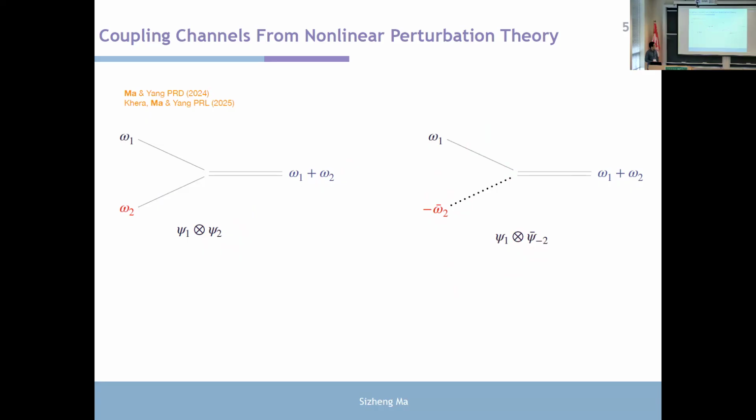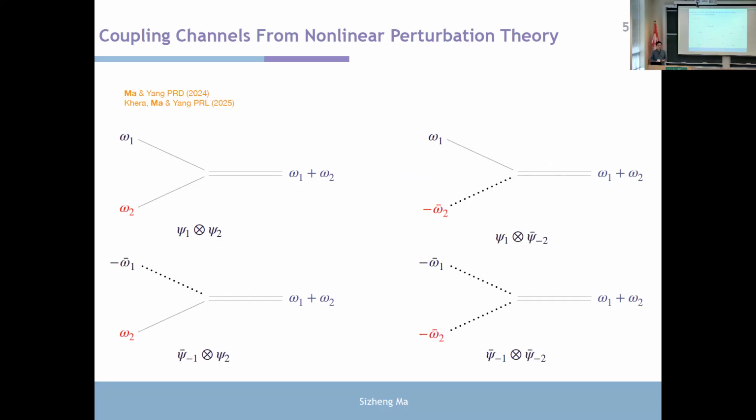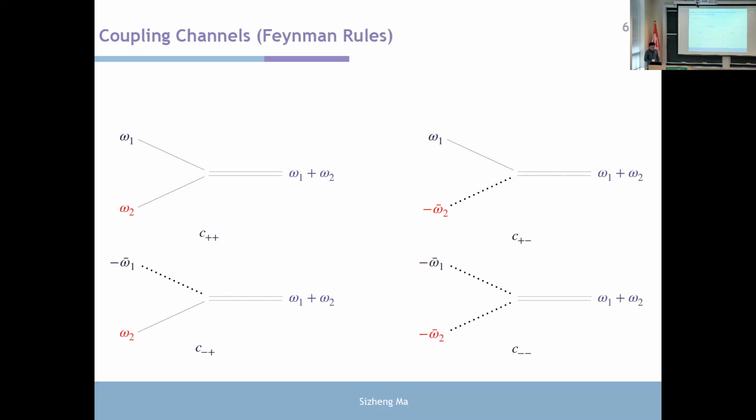Because of this mirrored channel, psi minus 2 bar can generate a frequency component in the metric at omega 2, which can couple with the first quasi-normal mode omega 1 and lead to the excitation of the same quadratic mode. Similarly, we can exchange the roles between 1 and 2, and this brings us to the third channel. And finally, we have the coupling between those two barred modes. So in the end, for a given quadratic mode, it is sourced by four channels, and there are four parent modes involved.